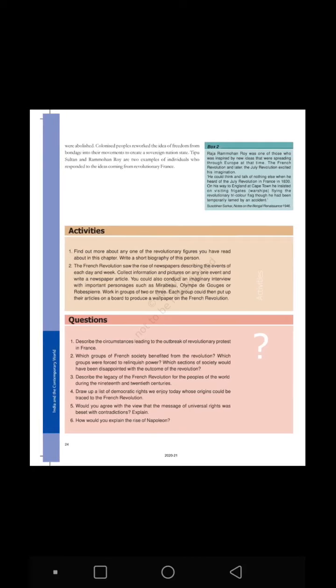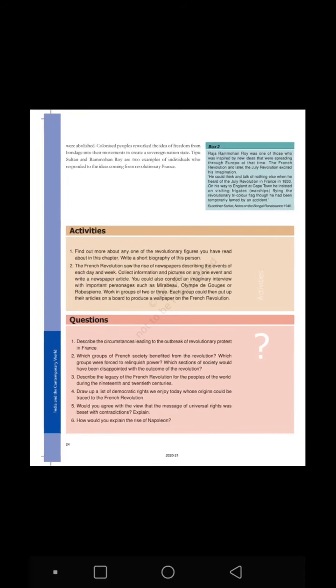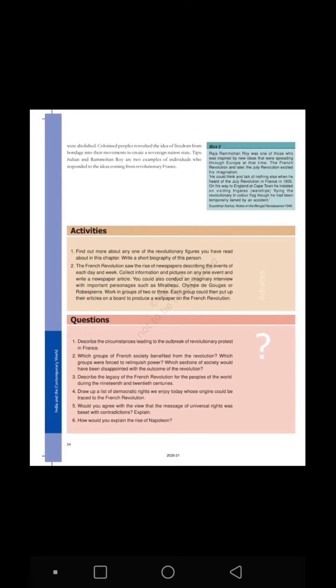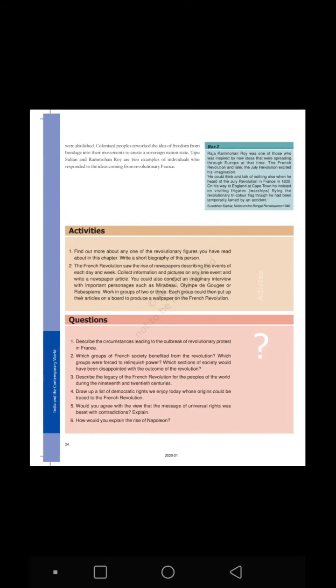On his way to England at Cape Town, he insisted on visiting frigates, warships flying the revolutionary tricolor flag, though he had been temporarily lamed by an accident. Sushobhan Sarkar, Notes on the Bengal Renaissance, 1946.